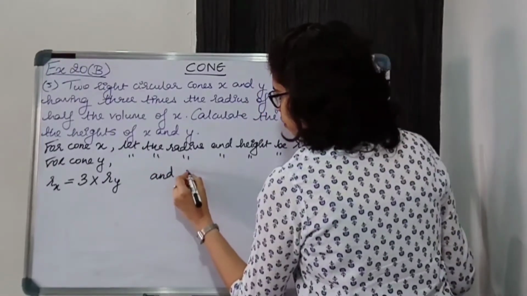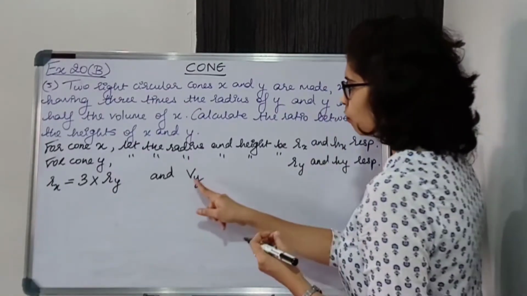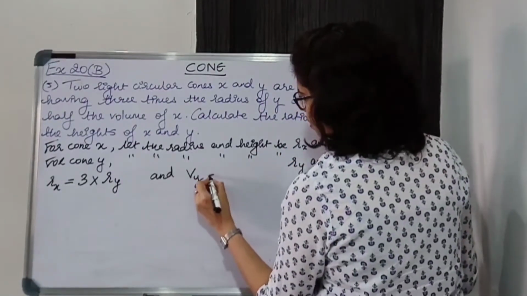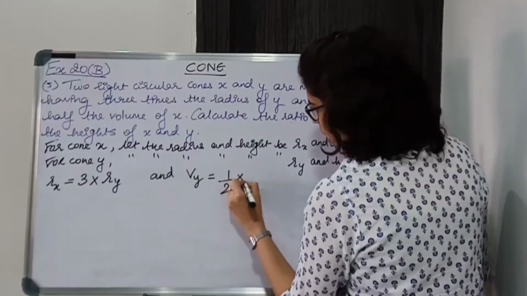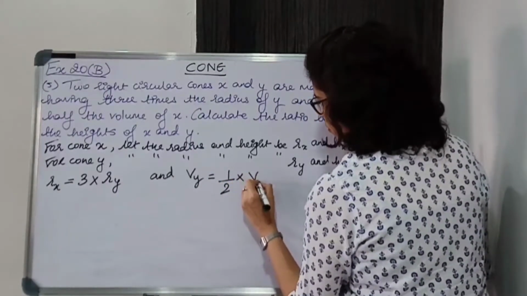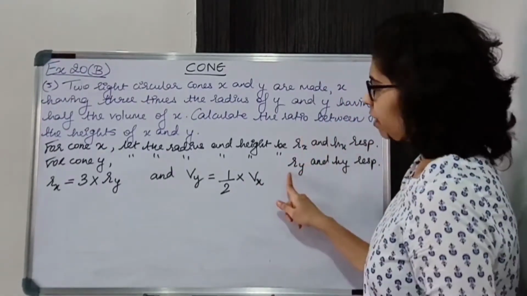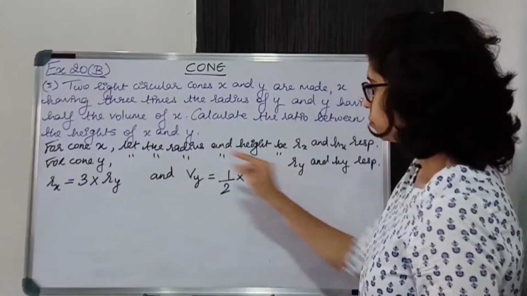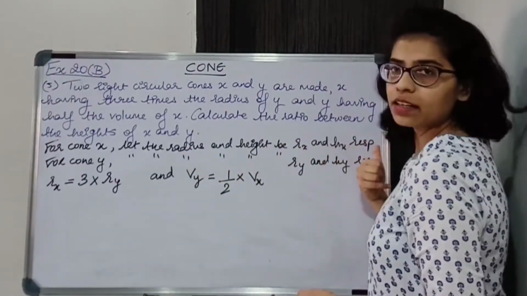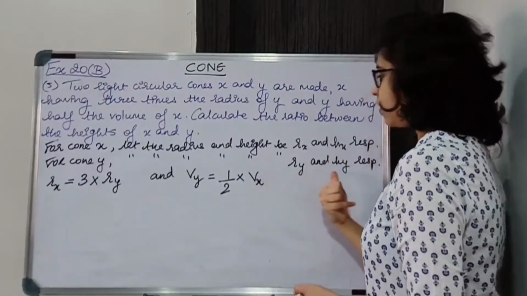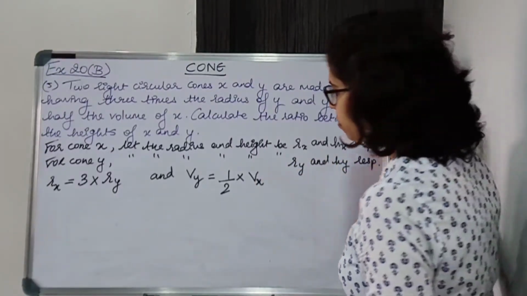So we're talking about y's volume. So volume of y is half the volume of x. So half of vx. Now I forgot over here, we'll write vx and vy. So radius, height and volume: rx, hx and vx, and over here ry, hy and vy. You have to add that to the statement.